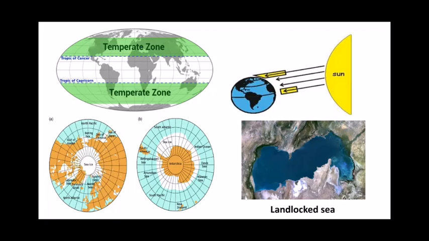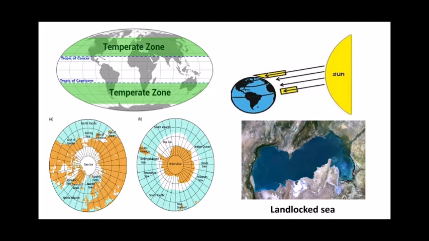Landlocked seas, as we talked about earlier, have higher salinity than open seas, as the rate of evaporation is more and there is lack of supply of fresh water from large rivers. Thus, there is a difference in the salinities of open and enclosed seas. As I told you earlier, landlocked seas do not get fresh water from outside because they are blocked by land on all four sides. So there is continuous evaporation but no fresh water is added.